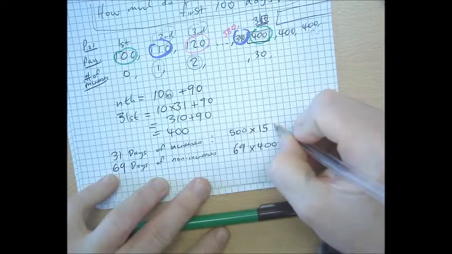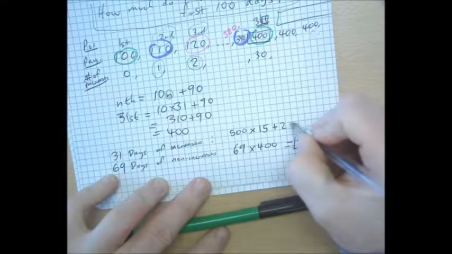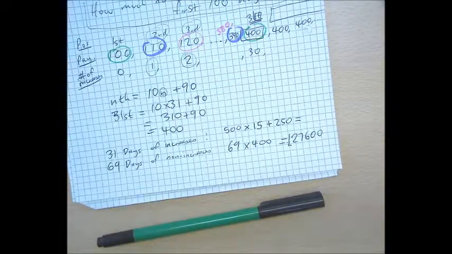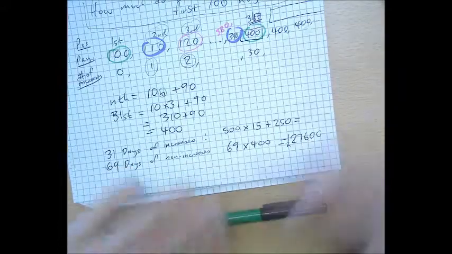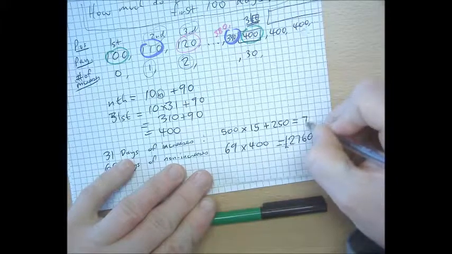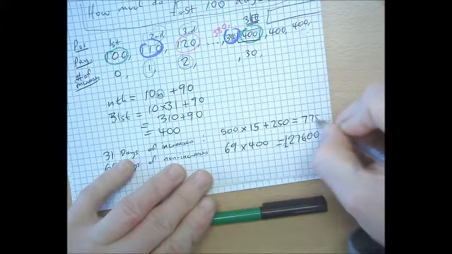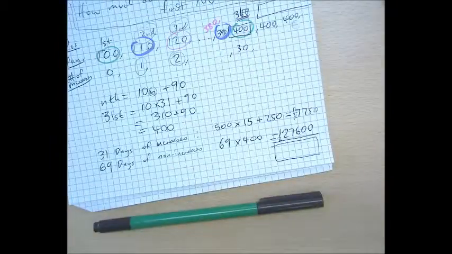Now the odd one out has to be what's halfway between those. So 500 times 15 is 7,500. So the grand total is 7,750. Add those two up and that's your grand total.